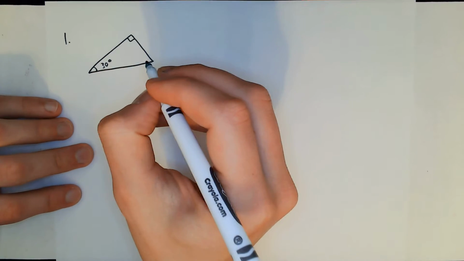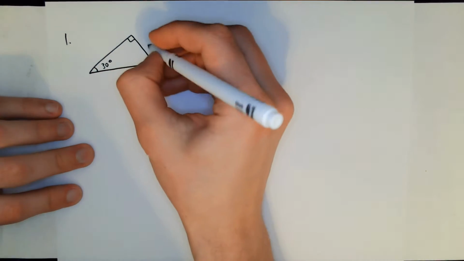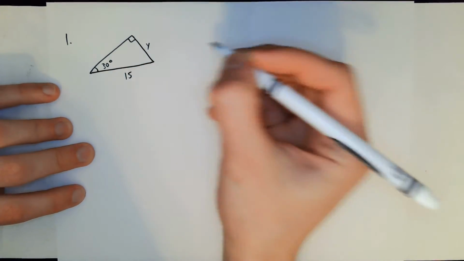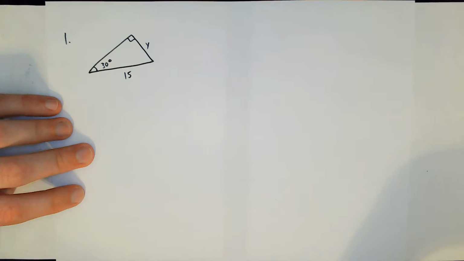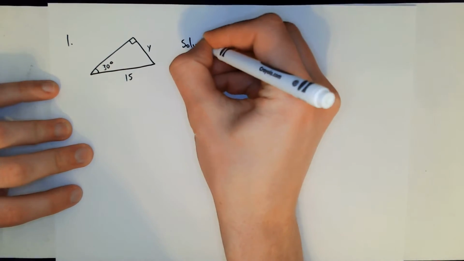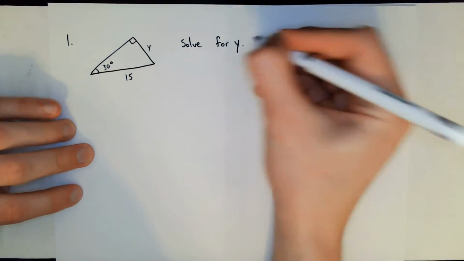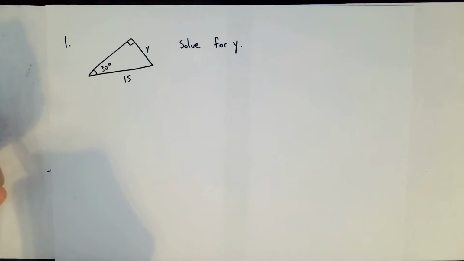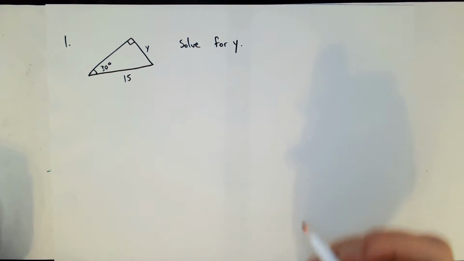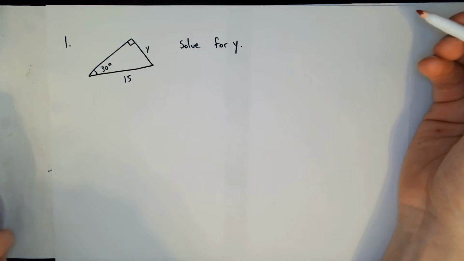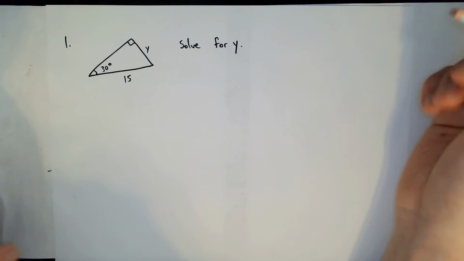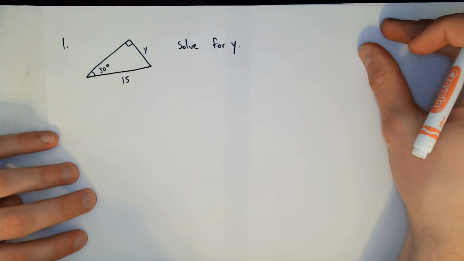So let me say that this side is y over here, and this side down here is 15, just arbitrarily naming that y just for a variable name. And if I say solve for y, we can go straight to those trig operations, the sine, cosine, and tangent, and the other 3 as well, secant, cosecant, cotangent, though we tend to not use those as much in this kind of problem.